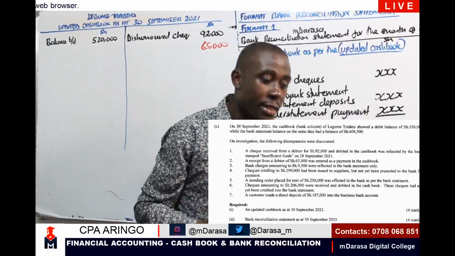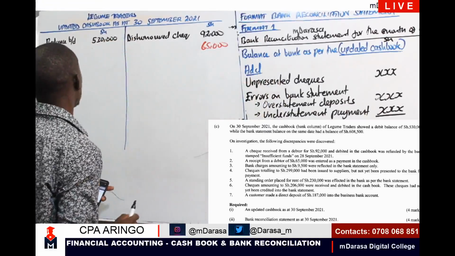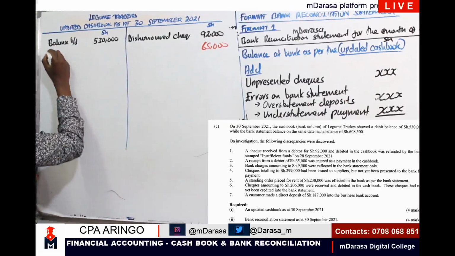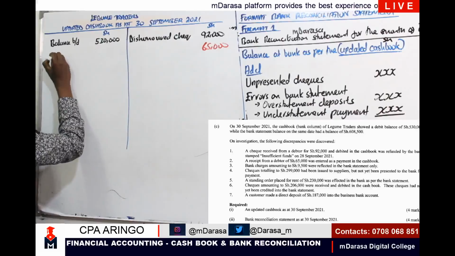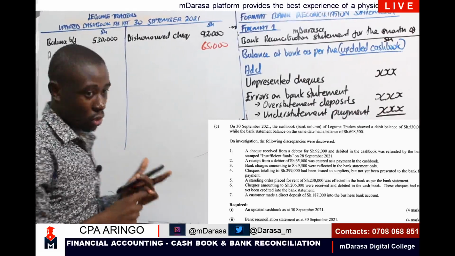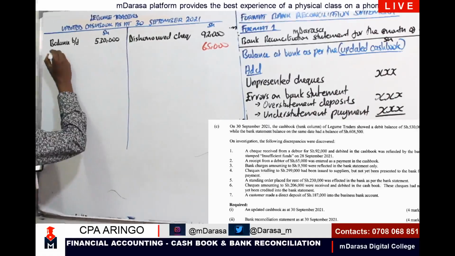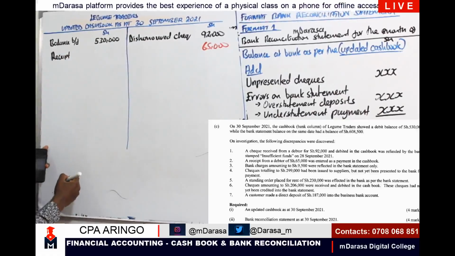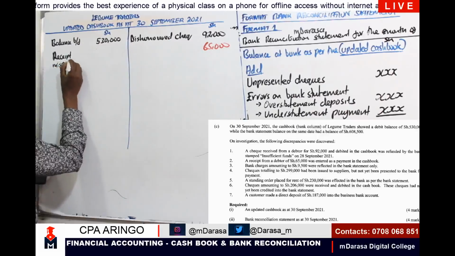So the first entry that we need to do is to cancel that amount. I'm talking of this payment error, or rather receipt from a debtor, receipt error. So I'm having a receipt which was erroneously recorded, receipt misposted.